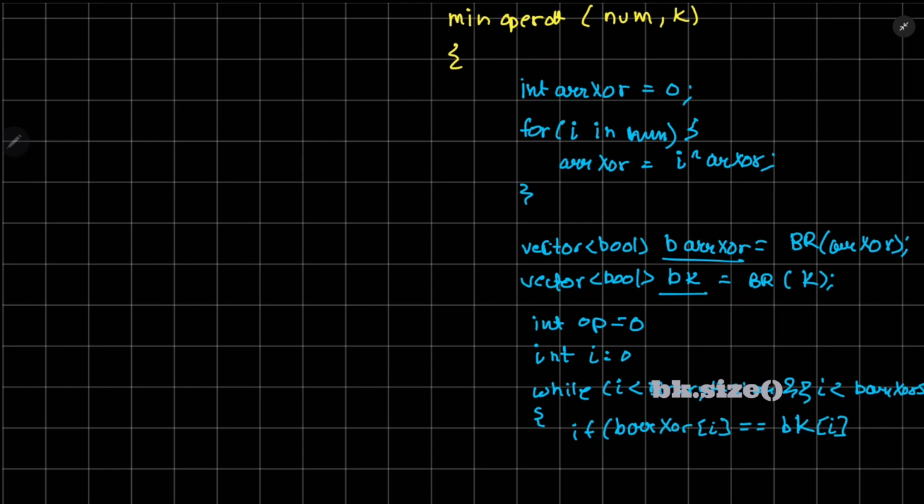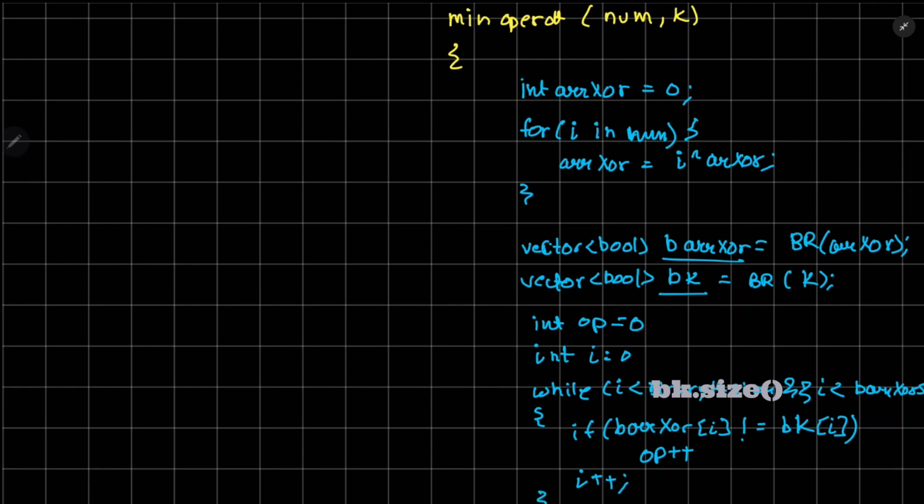If these bits are same, then we don't need to do anything, we won't find an operation. So what we should check here is, if they are not equal, then we need to make an operation to switch them. So here we will do op++, and we will move our iterator ahead for the next index.